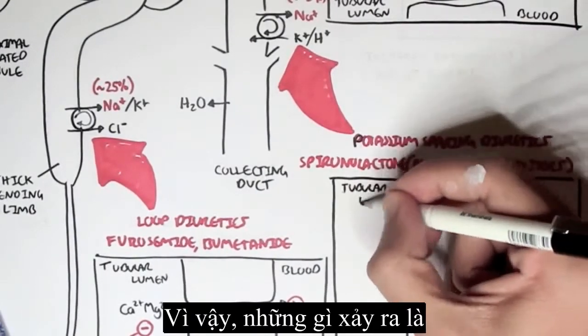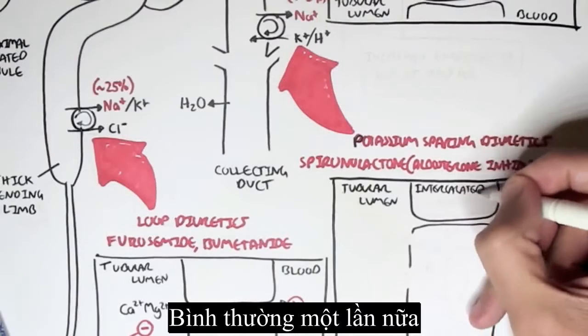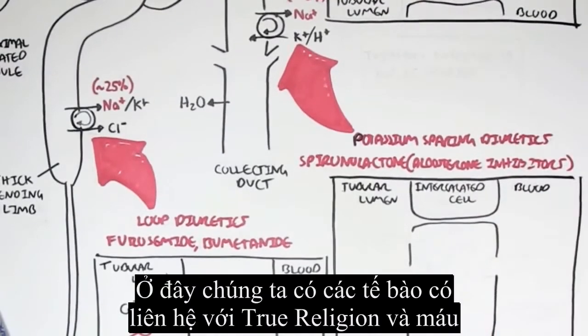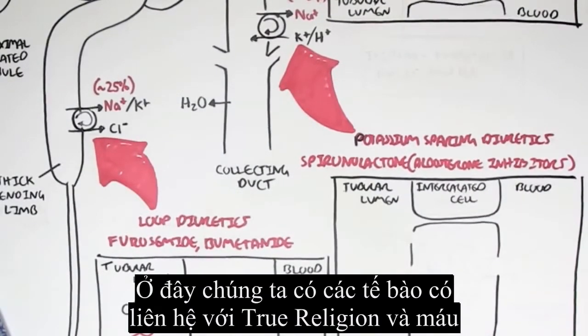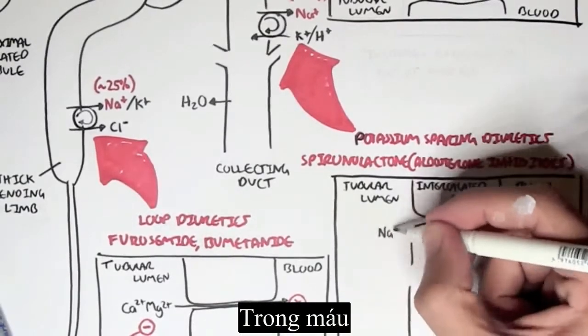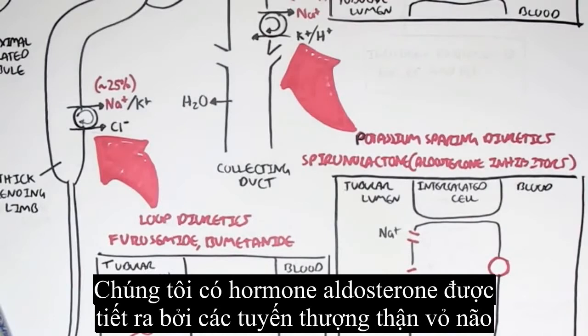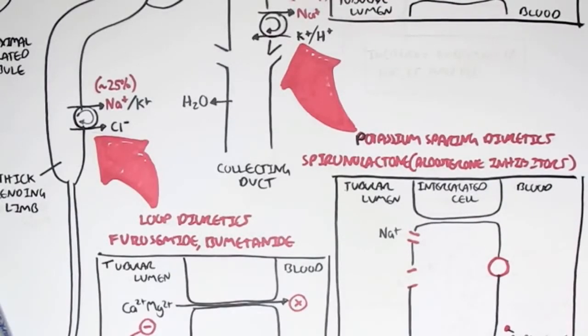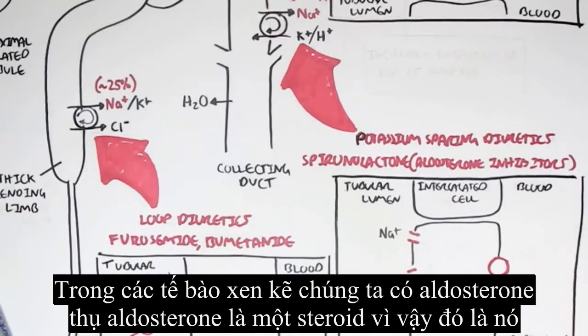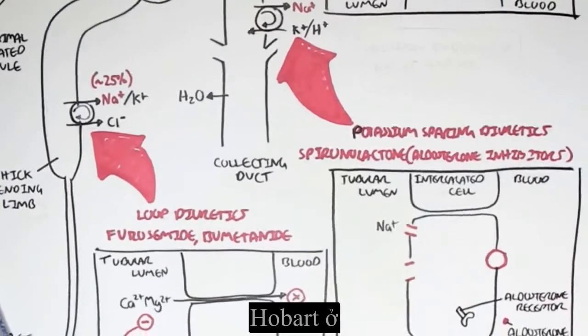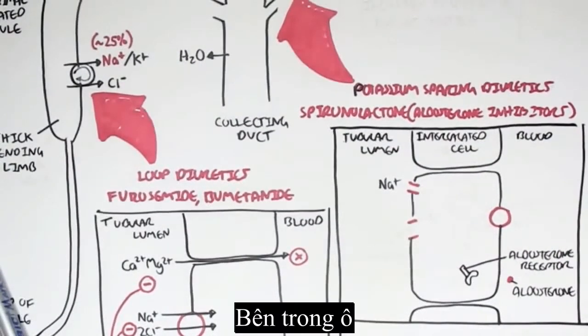So normally, again, here we have the tubular lumen, intercalated cells, and the blood. Within the blood, we have the hormone aldosterone, which is secreted by the cortex of the adrenal glands. Within the intercalated cells, we have the aldosterone receptor. Aldosterone is a steroid, so it will bind to the receptor inside the cell.